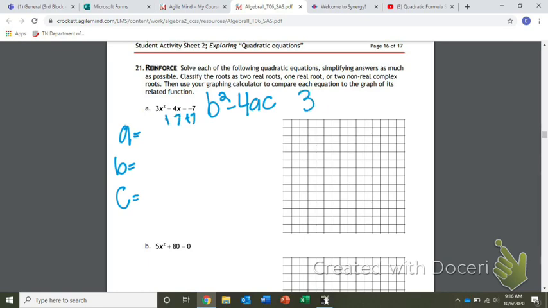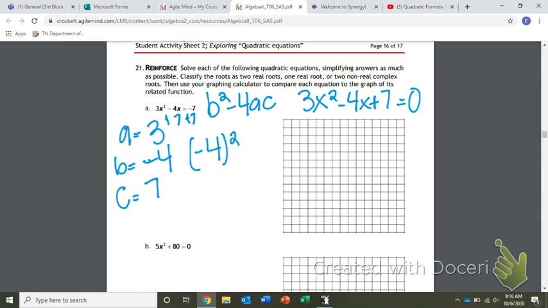So, now we have 3x squared minus 4x plus 7 equals 0. Okay? A equals 3. B equals -4. C equals 7. Okay? We're literally plugging in numbers, guys.